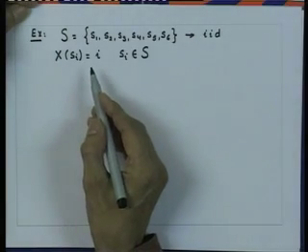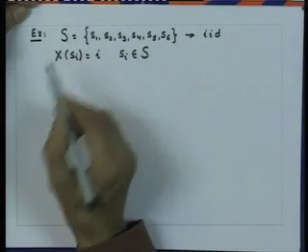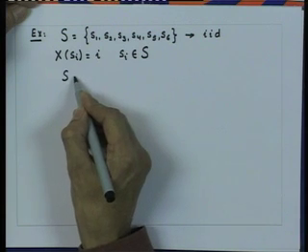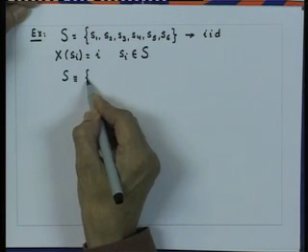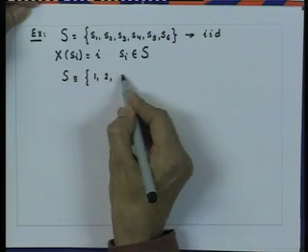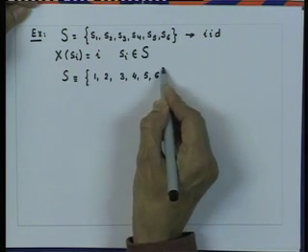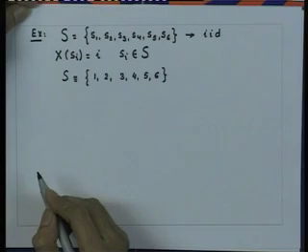So, the outcomes of this source are mapped to the numbers 1, 2, 3, 4, 5 and 6.